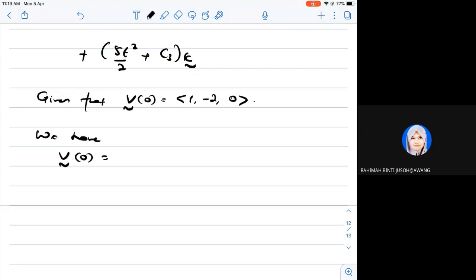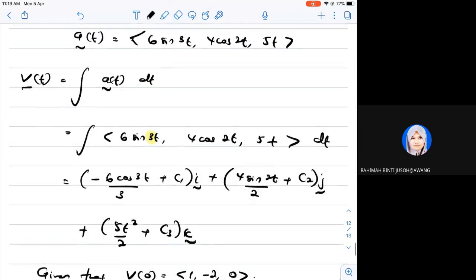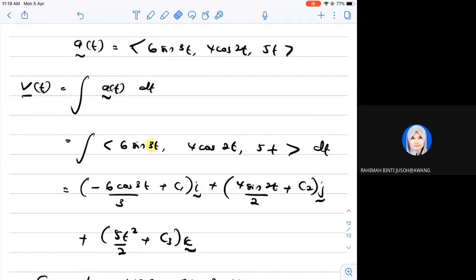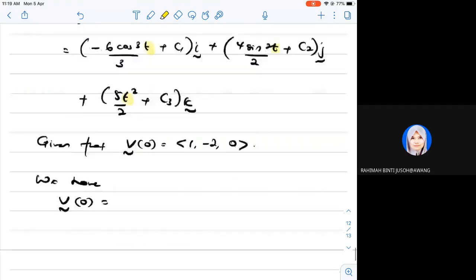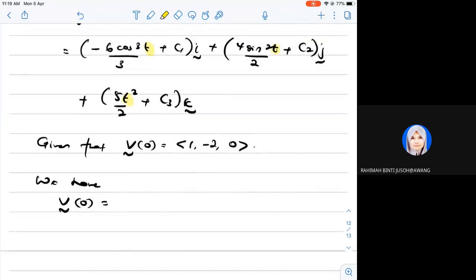V0, gantikan dekat yang kita dapat tadi ni. Ni V kita kan? Gantikan 0 dekat setiap T ni. We will get negative 6 over 3. So you akan dapat negative 2 cos 0 kan? So buat step by step lah.